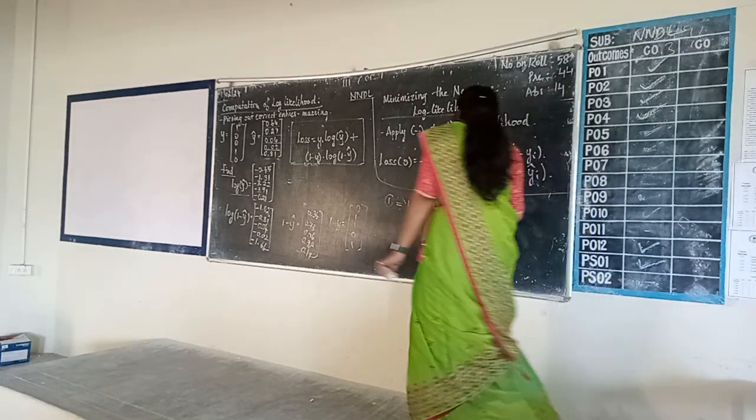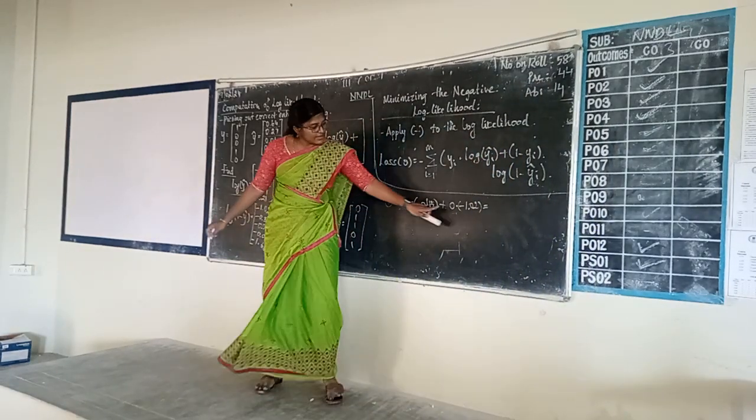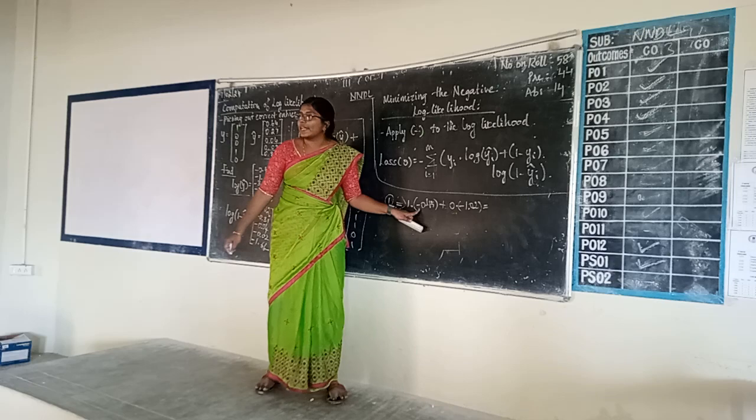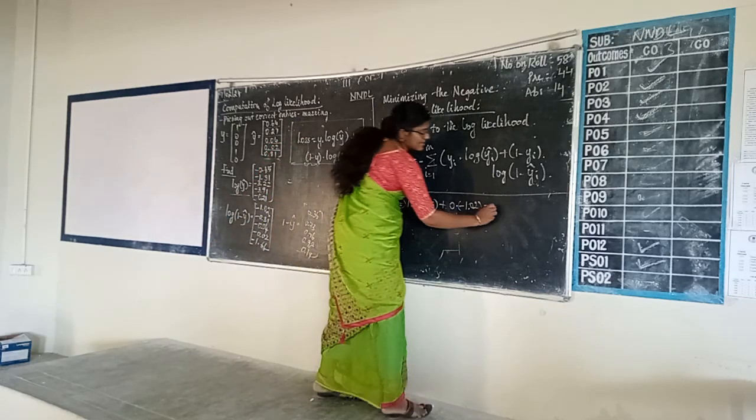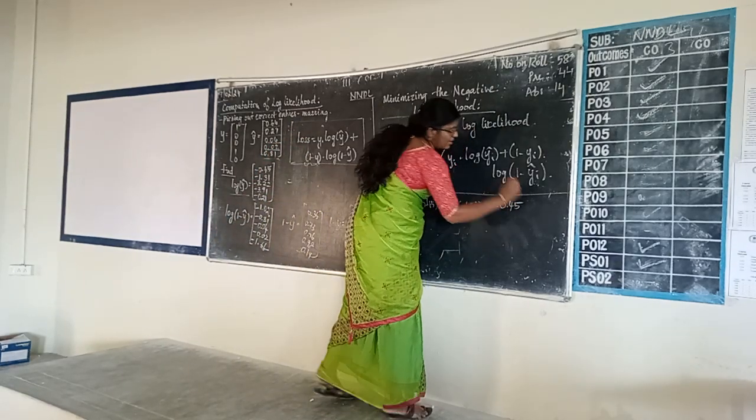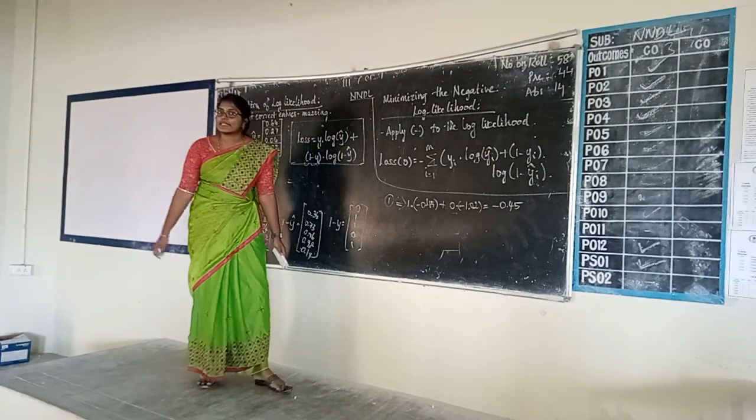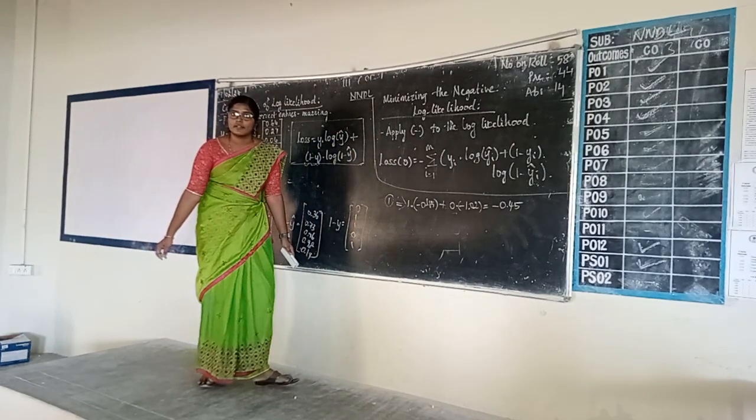This becomes 0. So you will be getting minus 0.45 for the first one.